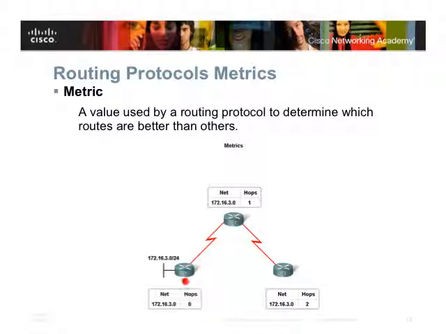Router 1 has two hop distance between router 1 and router 3. Okay, so that's the metric. The metric is simply defined as the number of hops. This is one hop, and this is one hop, and so on.